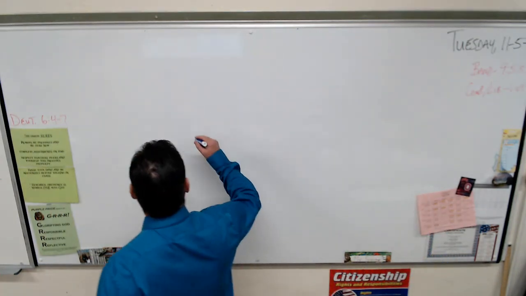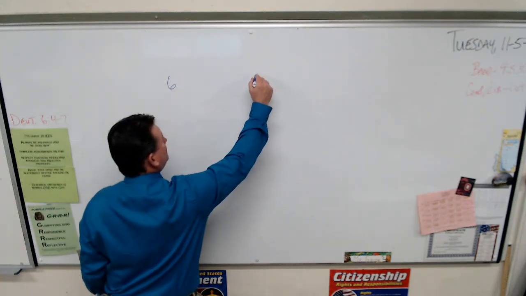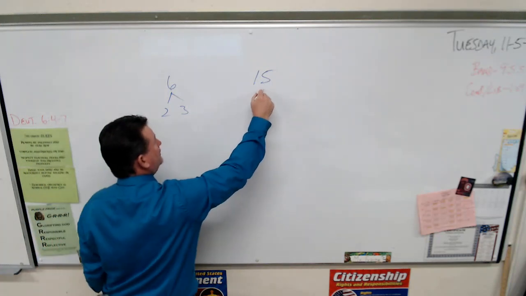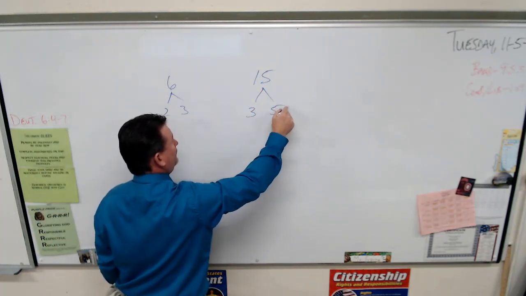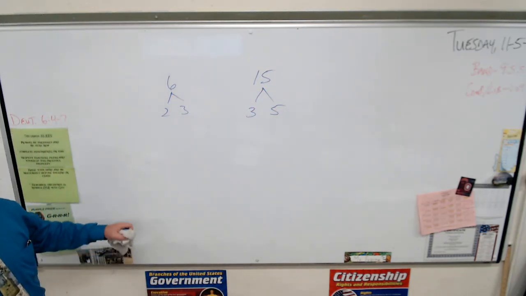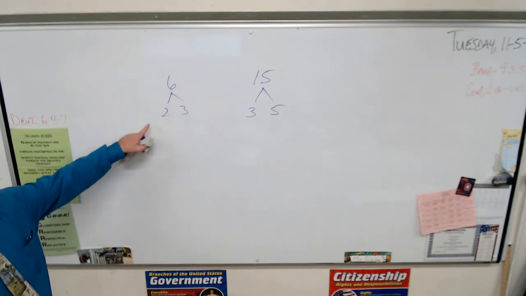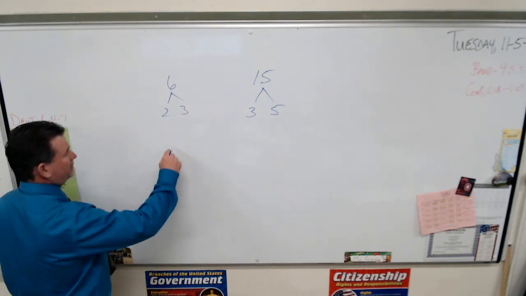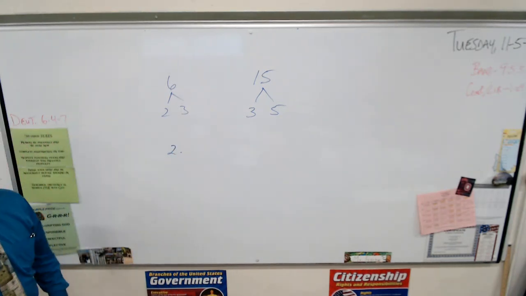6 and 15. 2 times 3, 3 times 5. Am I going to use the 2? Yeah. Even though it's not common, I've got to use all the factors. Am I going to use the 3?